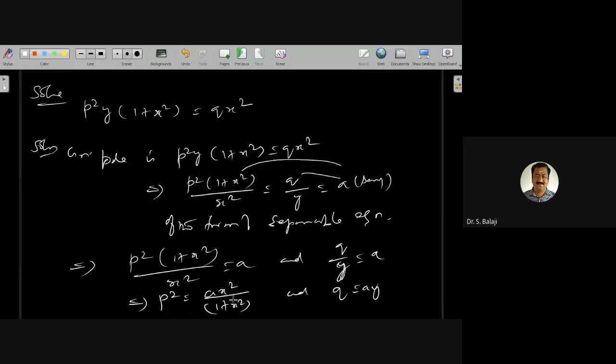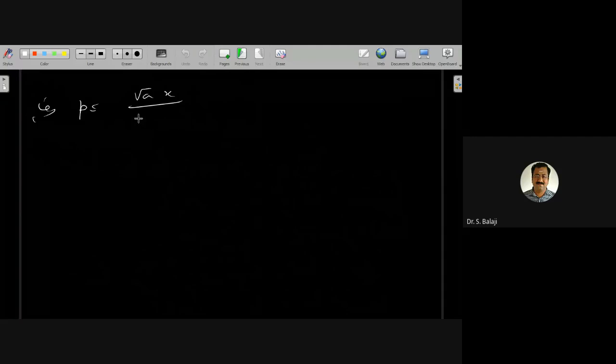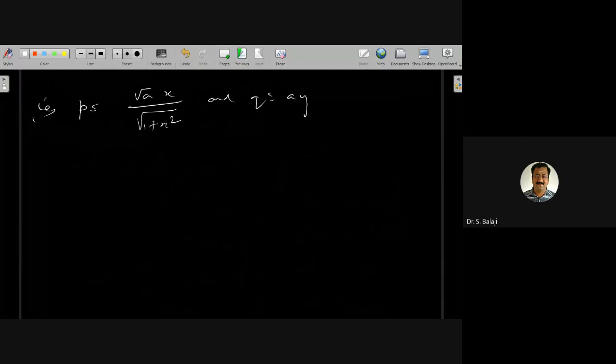That is p equal to square root of a times x divided by square root of 1 plus x square, and q equal to a y.